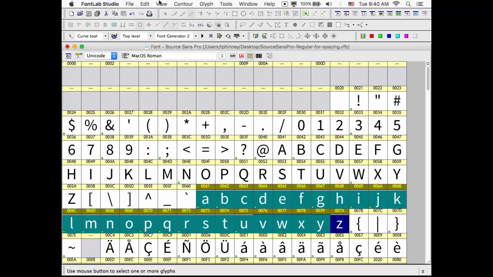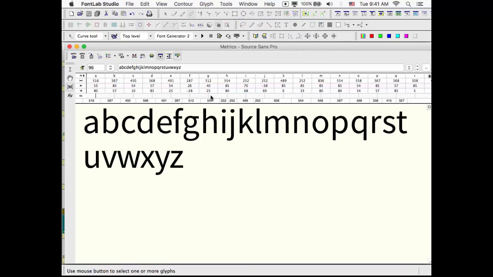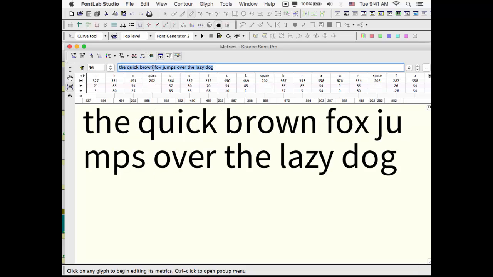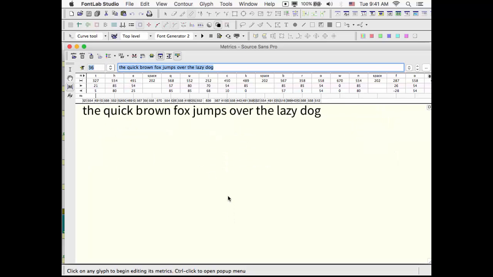And let's type some text, or at least show some text. Now that's awfully big. I'm going to make this a lot smaller. Yeah, it's okay. It's not the best spacing I've ever done, but then I did it in about 20 minutes, so that's to be expected.